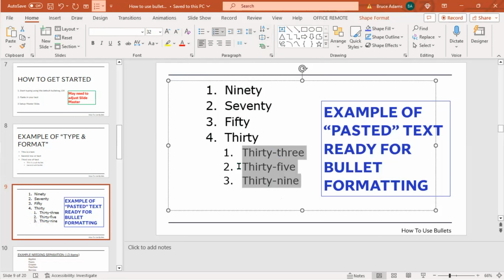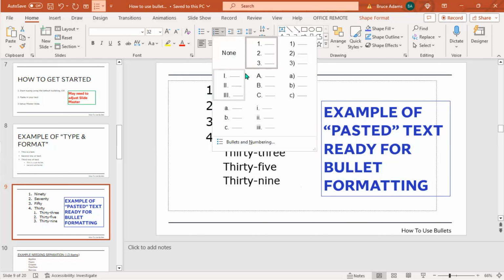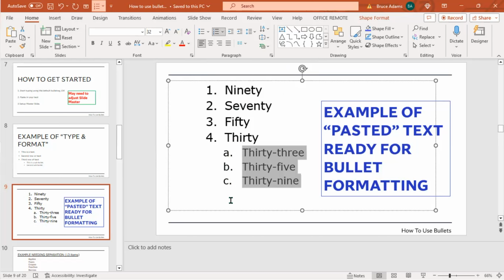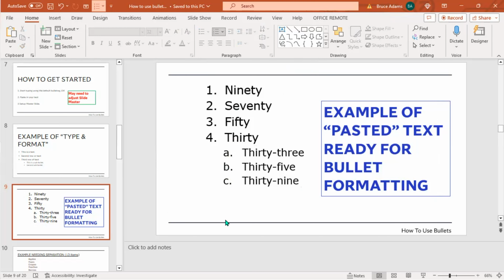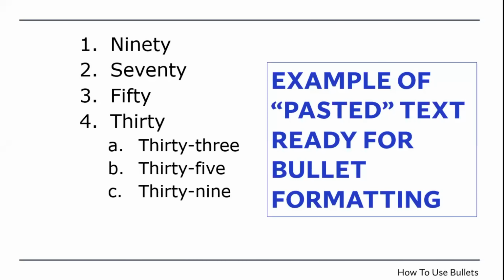And now those are subsets, but it looks a little weird to have numbers here and numbers here. So let's change that to lowercase letters with dots or with periods. And now when you go back to slideshow view, you can see the 33, 35, 39 that are subsets of 30.